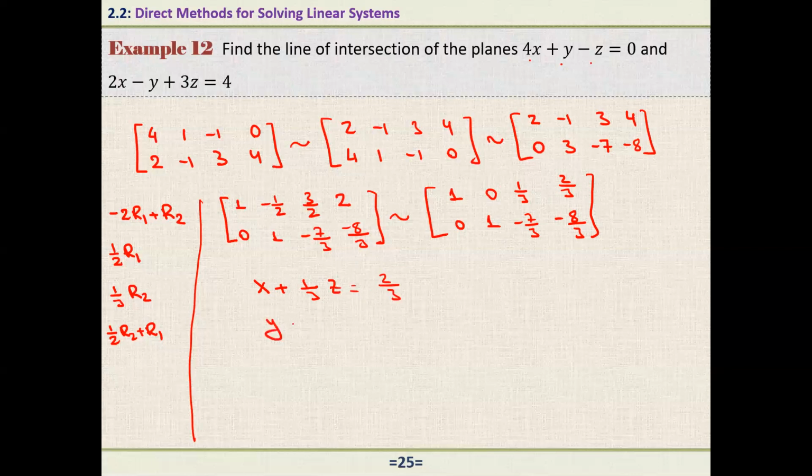Here we have y minus 7 over 3 z, that's equal to minus 8 over 3. Now, I can choose this z as t or 3t, doesn't matter. Let me choose z as 3t because it's a free variable, right? If you substitute here, then x will be 2 over 3.